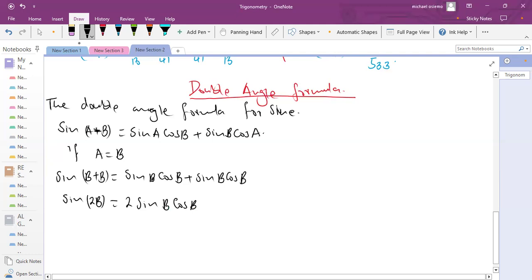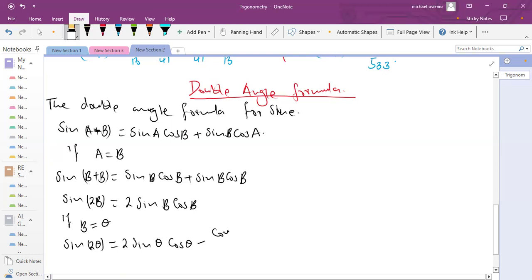Now, maybe we can talk of B being theta, as usual, as we have been using theta to denote the angle. Then, if B is equal to theta, we simply have what? Sine 2 theta is equal to 2 sine theta cos theta. So you can see now, this one here is the double angle formula, sorry.